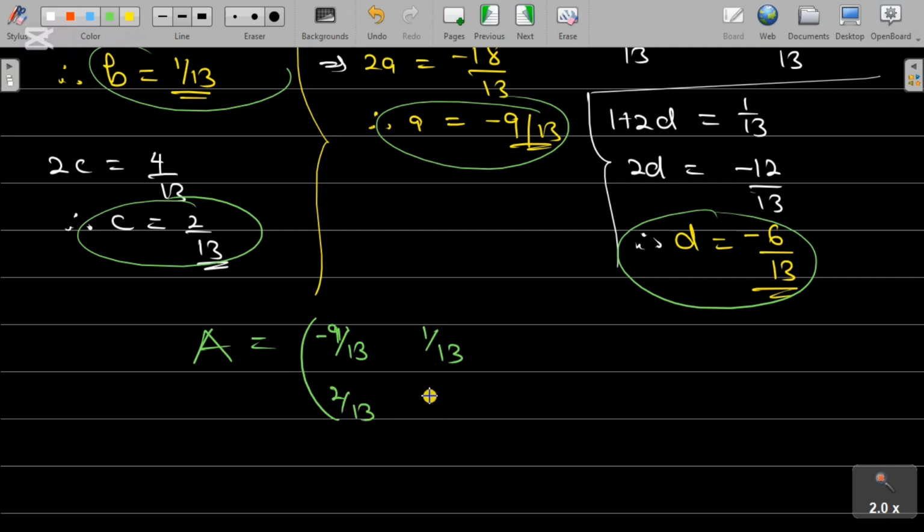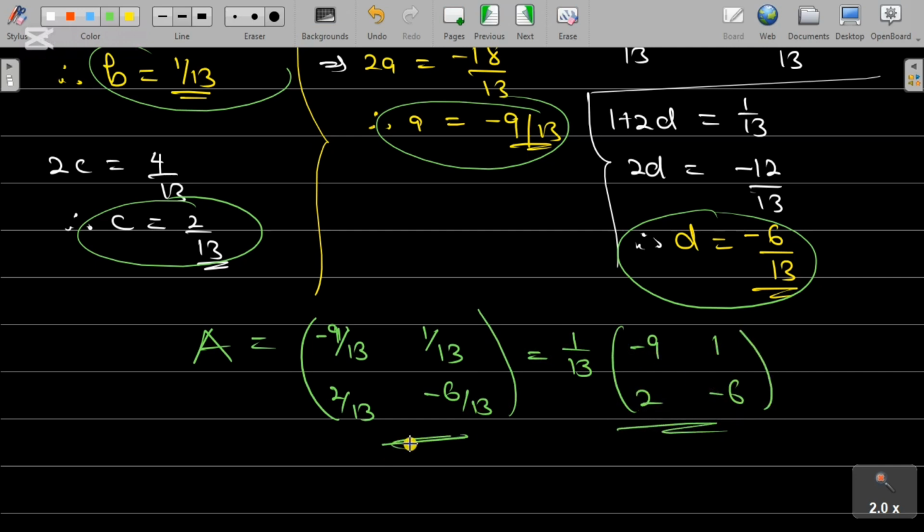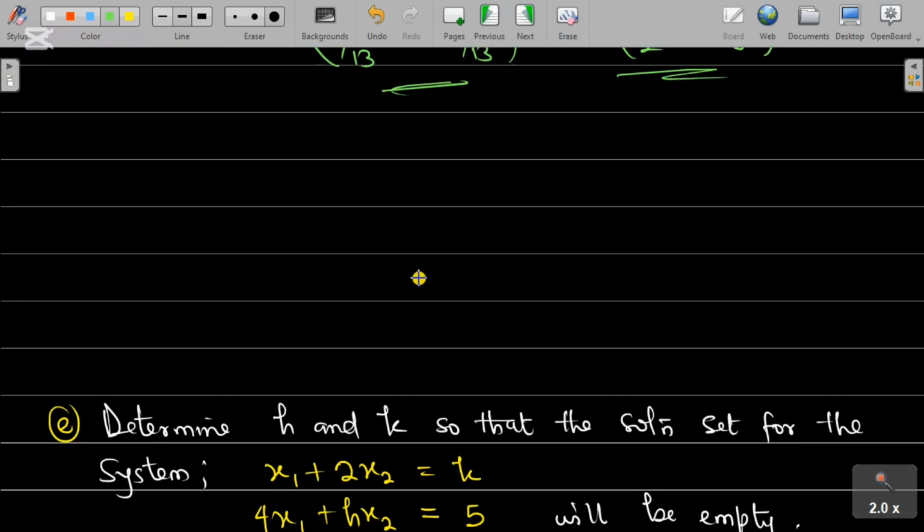And entry d is minus 6 over 13. And you may choose to bring out that 1 over 13, and then you have minus 9, 1, 2, minus 6. It's your choice. So you can leave it here or bring it to this point. Okay, and that is all for that part.